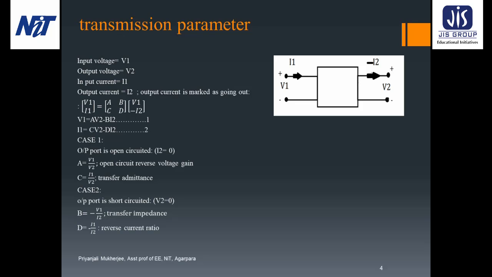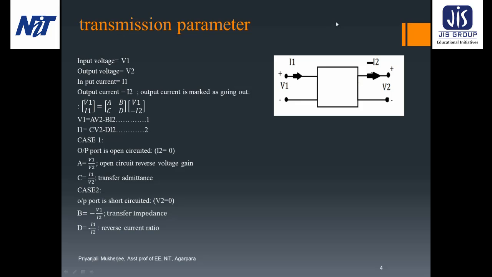They are voltage and current pairs. However, as the quantities are defined as an input-output relation, the output current is marked as going out rather than incoming to the port. So we use the reverse direction of the output current and hence it is given as minus.